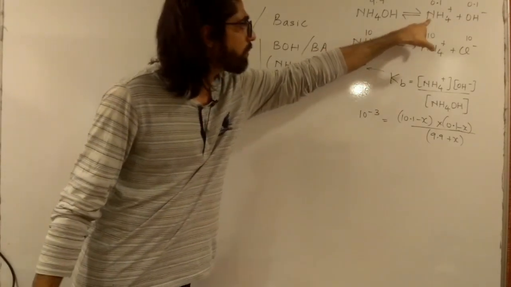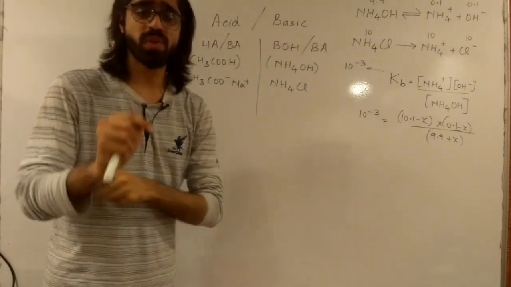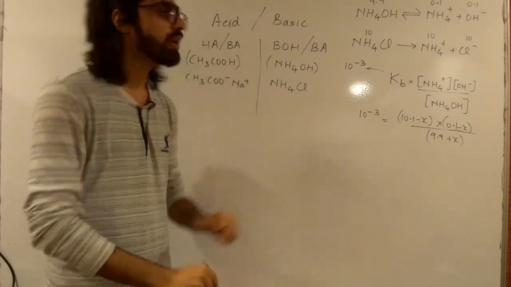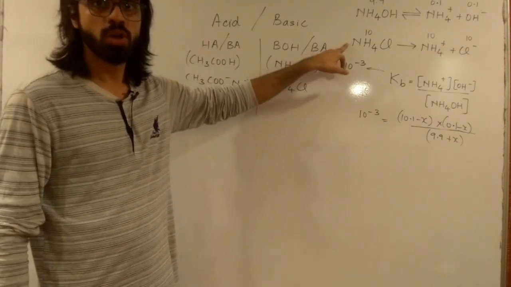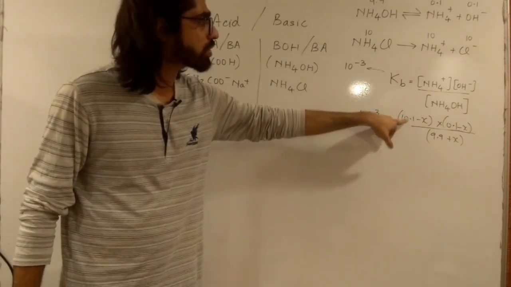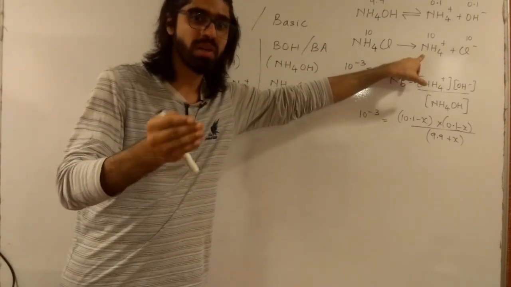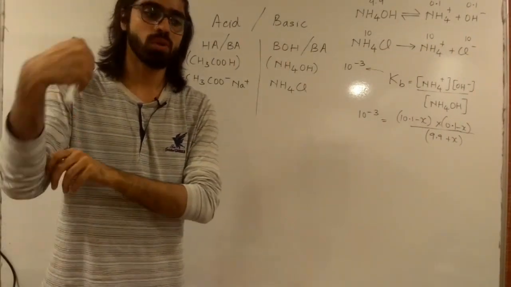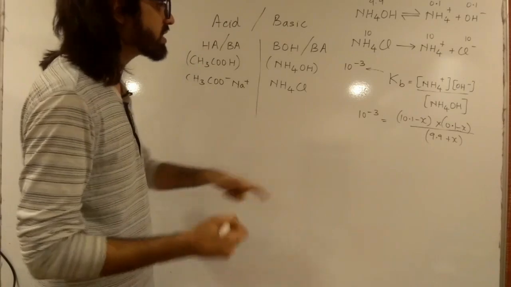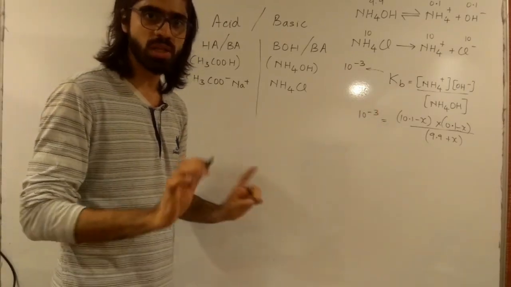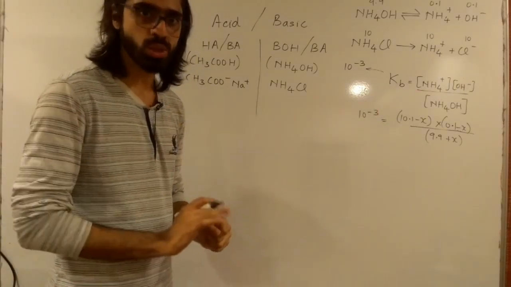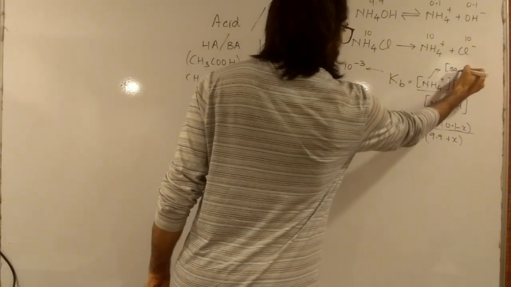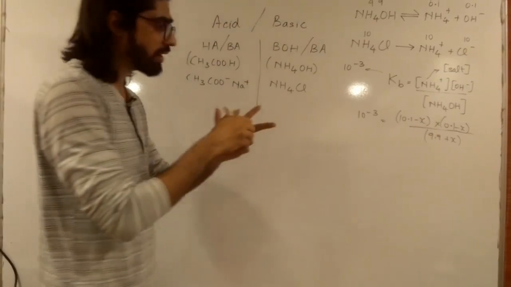So whatever NH4 plus was present because of the base was very little. Most of the NH4 plus in the solution is present only and only because of the salt. So we will say that the NH4 plus ion concentration is approximately equal to the salt concentration only. And for all practical or calculation purposes, we say that the NH4 plus ion concentration will be taken as the salt concentration only.